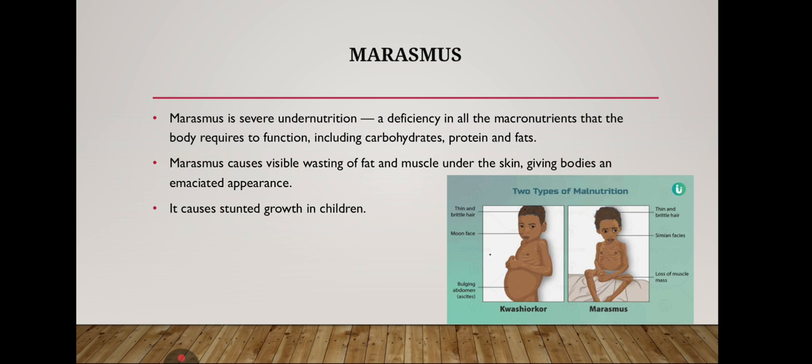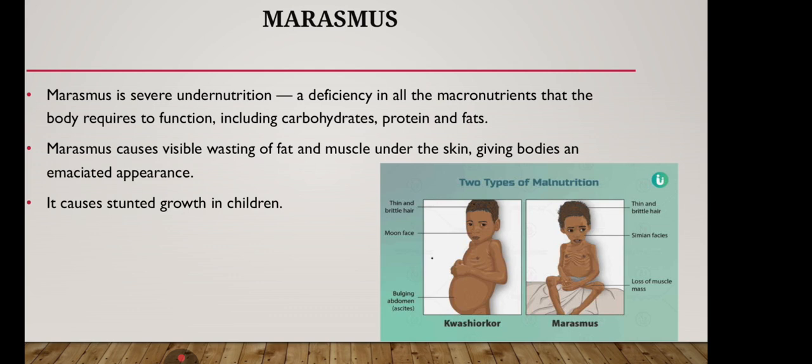There is thin and brittle hair, the face looks aged, and they lose their muscles. It affects strength and growth in children. A Kwashiorkor patient contains a bulging abdomen. In a marasmus patient, there is loss of muscle mass.